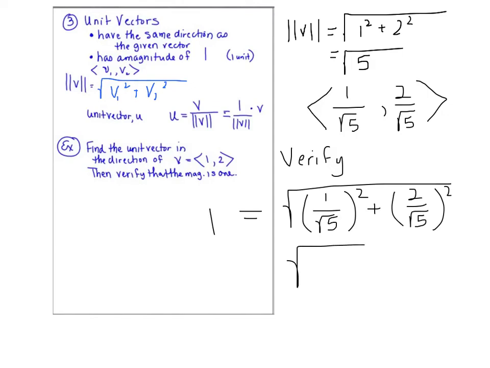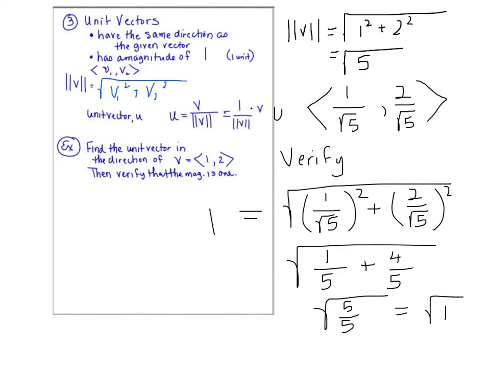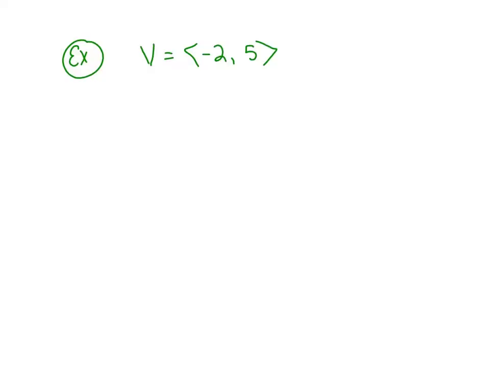If I square this, I'm going to have 1 squared over the square root of 5 squared, which is 1/5. And then I'm going to have 4/5. That's the square root of 5 over 5, which is the square root of 1, which is 1. So that is verified. So this right here is the unit vector, and this is it verified.